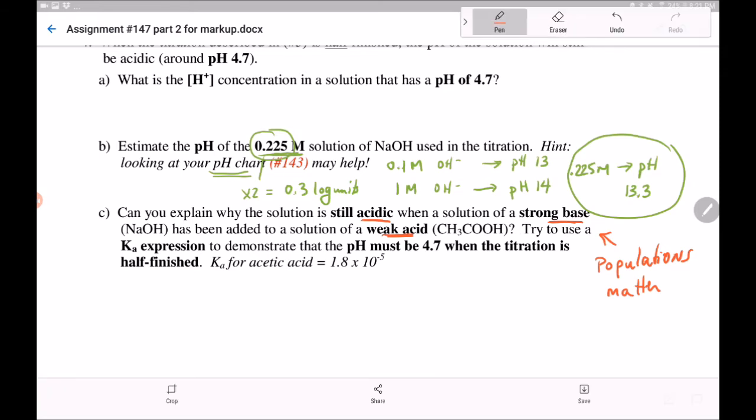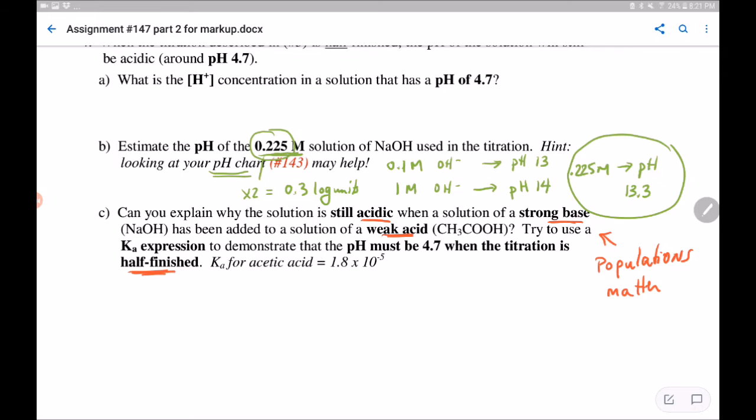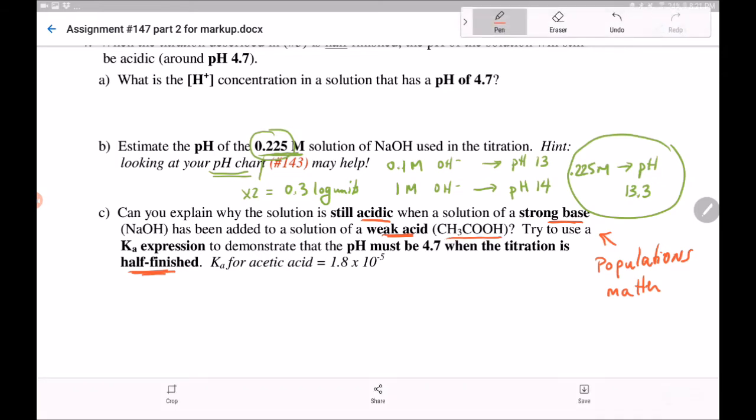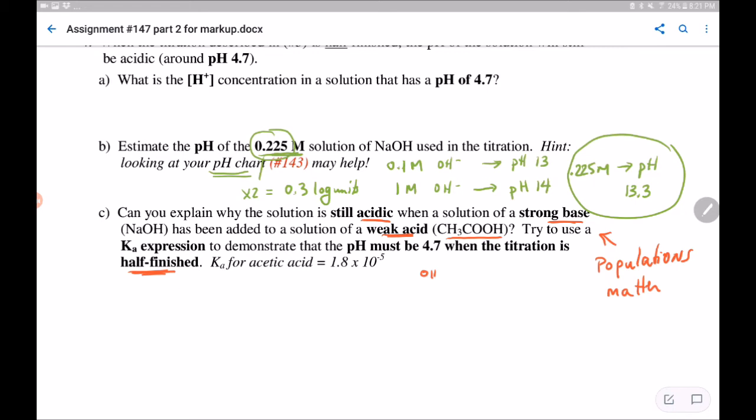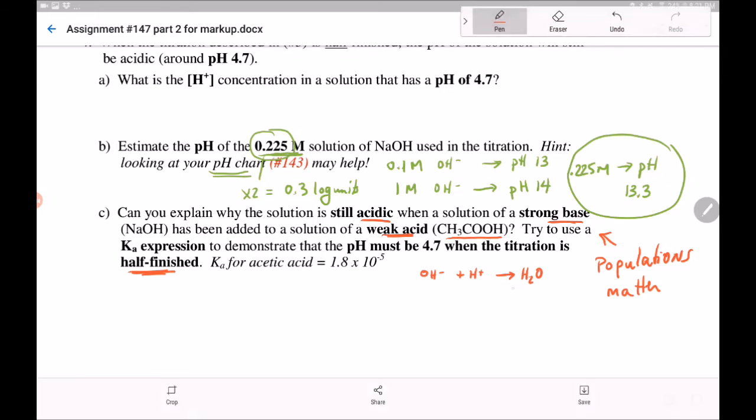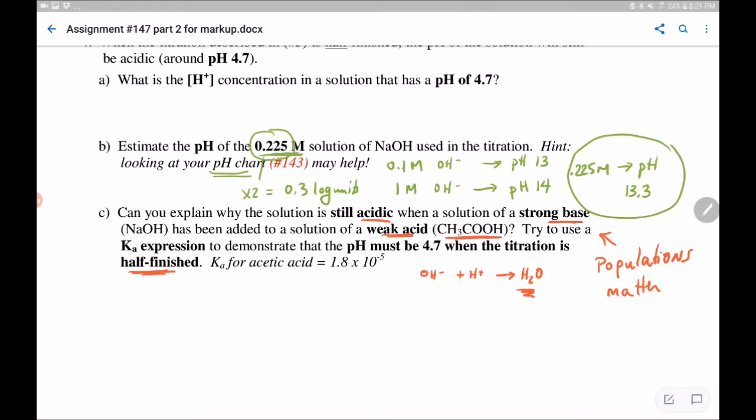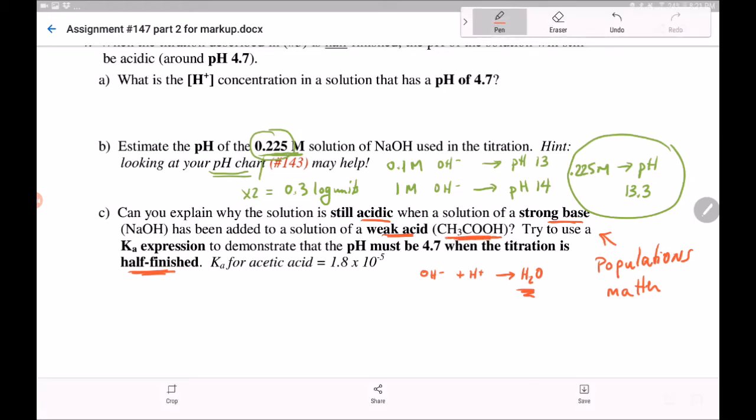And here you should see, if we're only halfway done, half finished, then there are still many of these weak acid molecules still in the solution, whereas the strong bases, the OH minus grabs the proton and turns into H2O. So the strong bases are tamed. They don't remain strong bases. The weak acids, on the other hand, we have a lot of them left over.